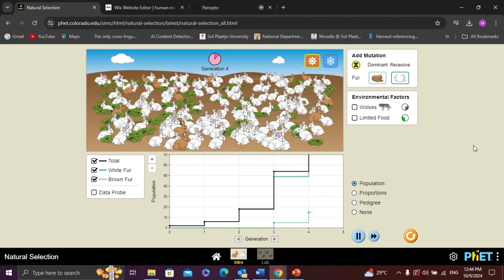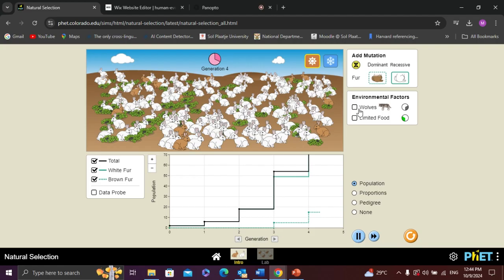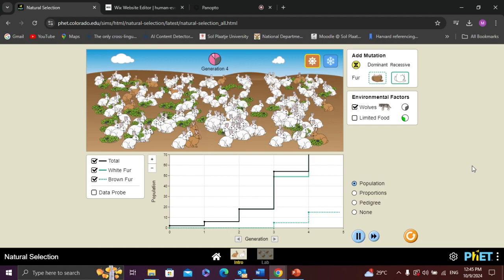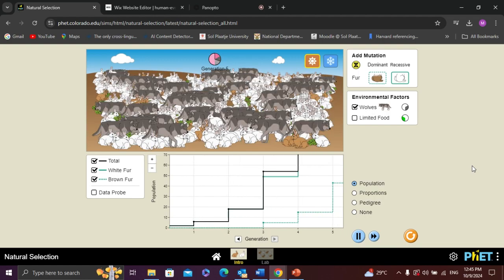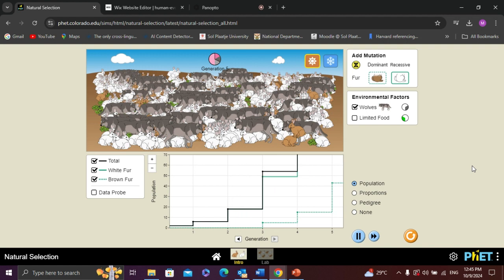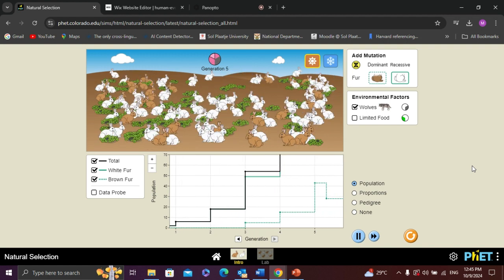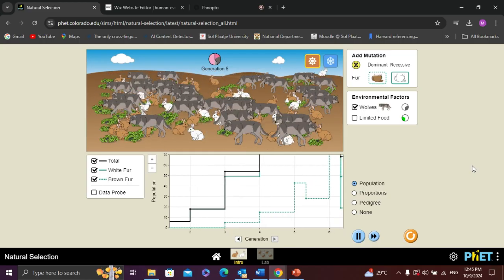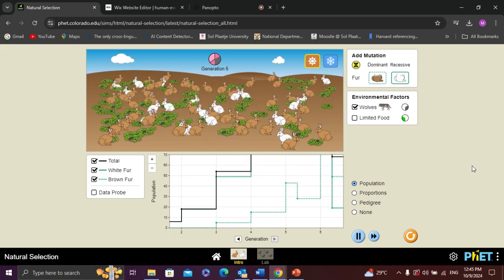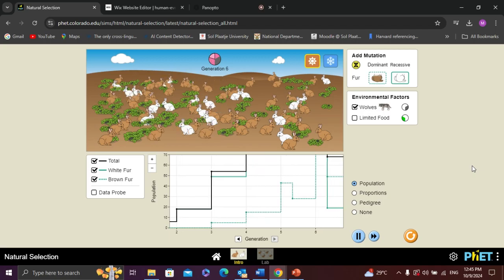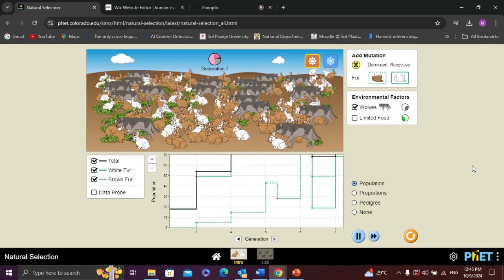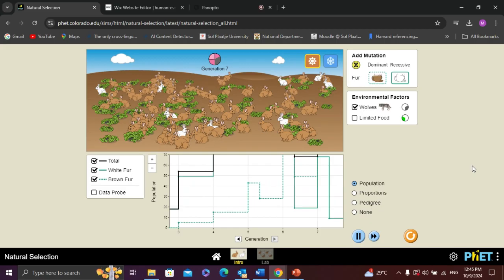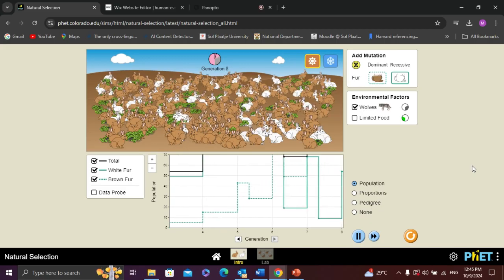They are coexisting now. Since we have reached a number of rabbits, we introduce the predators. Let's see which kind of rabbits will be left after the simulation has run. Generation 6. What do you think happens to the white fur rabbits?